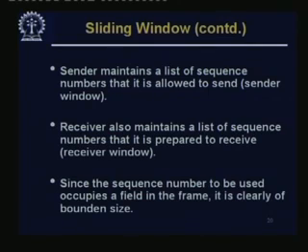So, now we come to the sliding of this window. The sender maintains a list of sequence numbers that it is allowed to send. This is the sender window. Receiver also maintains a list of sequence numbers that it is prepared to receive, that is the receiver window. So, the buffers on the two sides really represent the two windows.